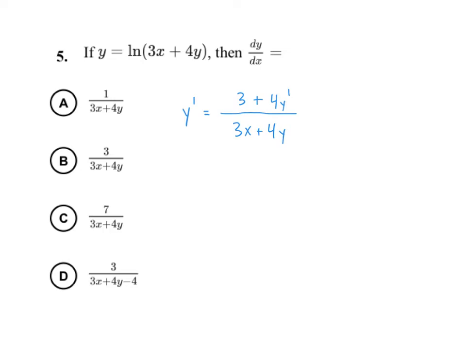So we'll basically just multiply both sides by this denominator. Cancel. And I'm going to distribute the y prime in this step also.